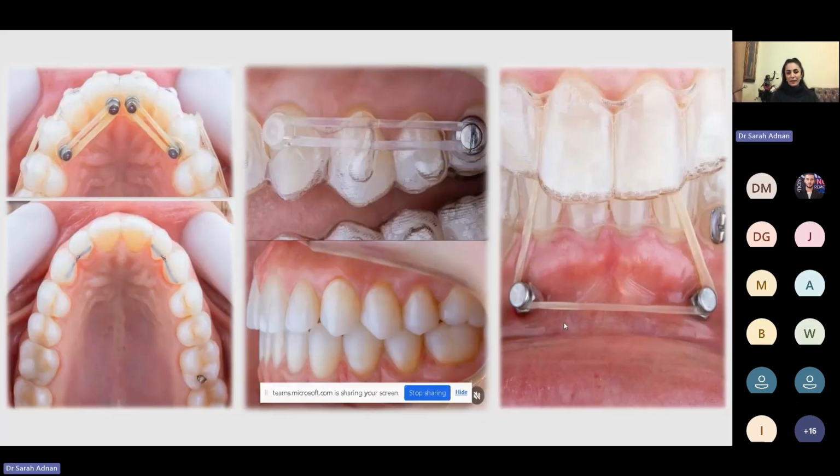Clear aligners have dramatically advanced with the use of buttons, precision attachments, precision cuts, elastics, TADs, IPR, and a reduced amount of tooth movement per aligner. Initially, aligners were used only for treating simple cases, simple relapse cases, but now that has changed.